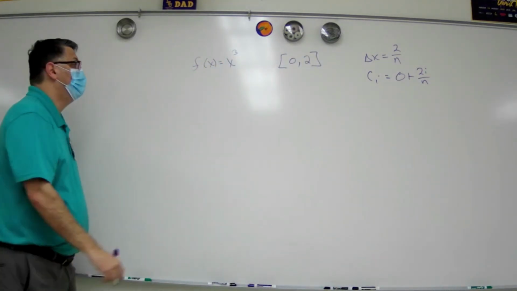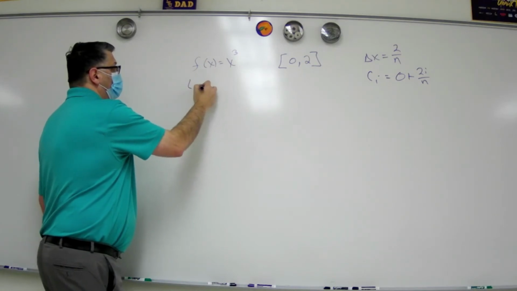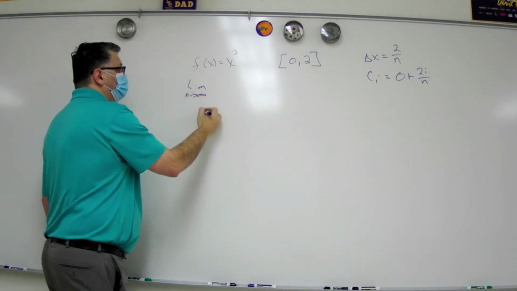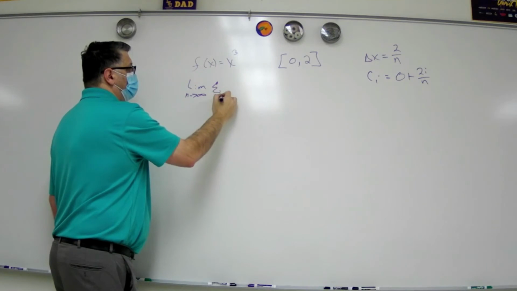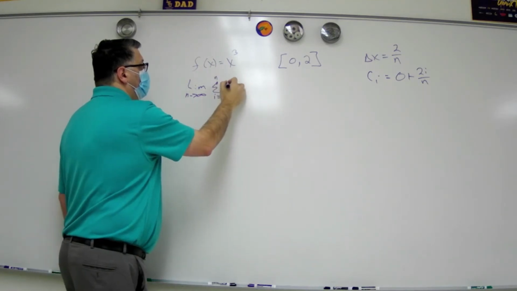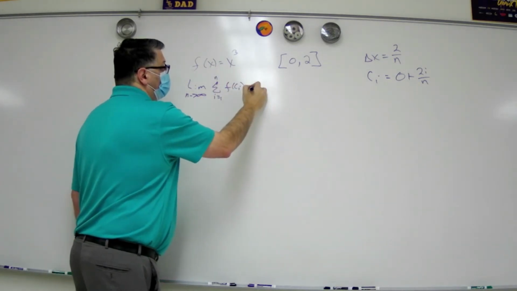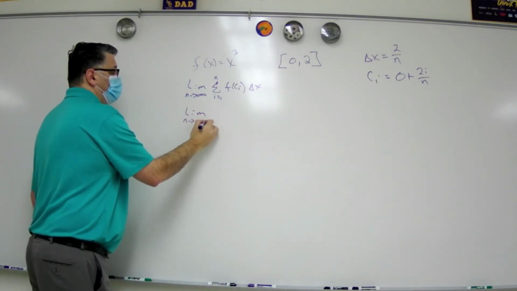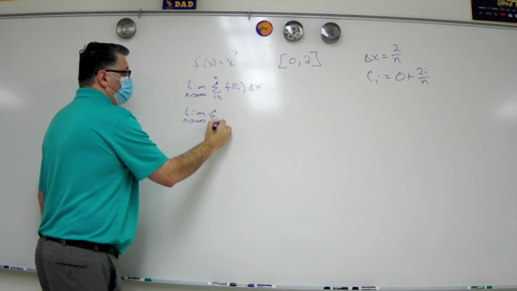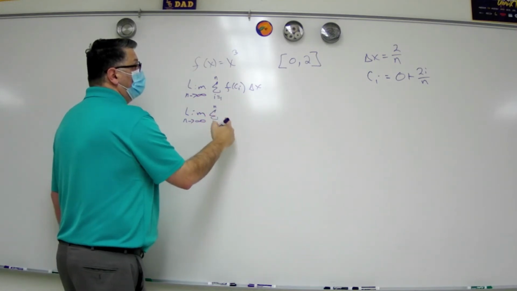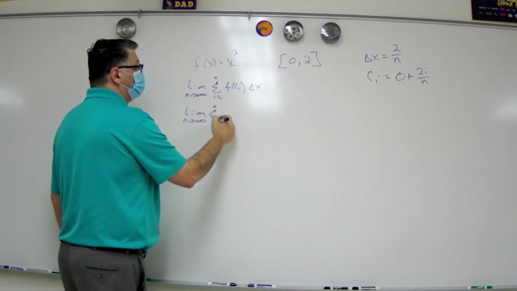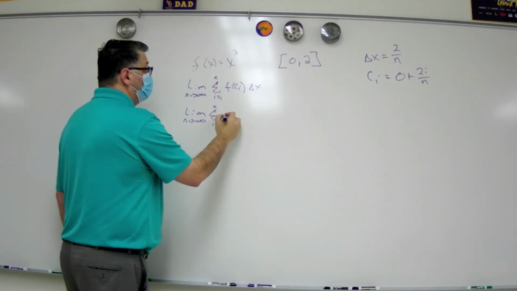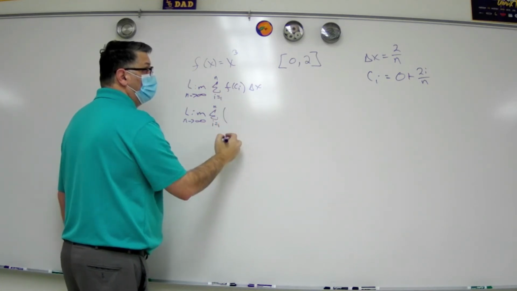So, I need to do the limit as n approaches infinity of my sum of i equals 1 to n of my f of c sub i delta x. Plug it in. So, let's see. I'll pull it out in a second.